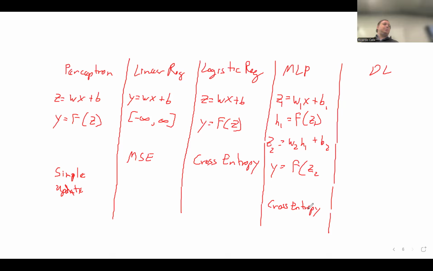And now if we do deep learning, it's essentially the exact same thing, but scaled up even further. So that's going to be Z1 equals W1 times X plus B1. Then this Z1 goes into f to produce H1.